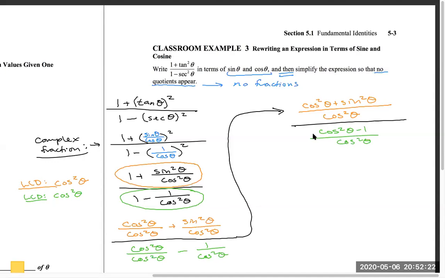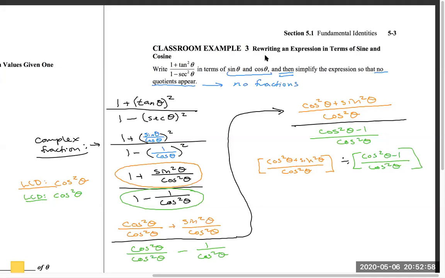Now, essentially what's going to happen next, you have one fraction divided by one fraction. So you could rewrite this as cosine squared theta plus sine squared theta over cosine squared theta divided by cosine squared theta minus 1 divided by cosine squared theta.